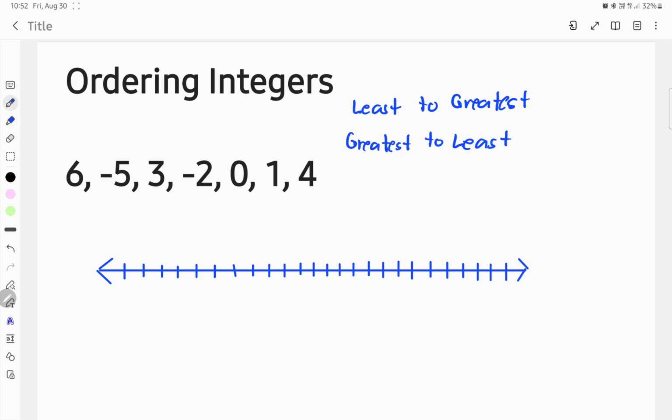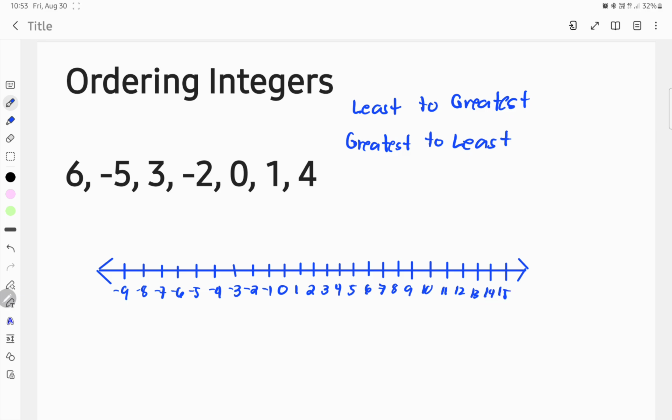Okay, let me now put my numbers. So I have here negative 9, negative 8, negative 7, negative 6, negative 5, negative 4, negative 3, negative 2, negative 1, 0, 1, 2, 3, 4, 5, 6, 7, 8, 9, 10, 11, 12, 13, and then 14, 15.